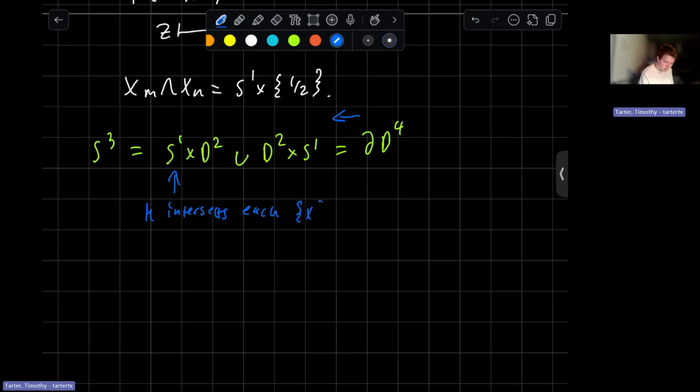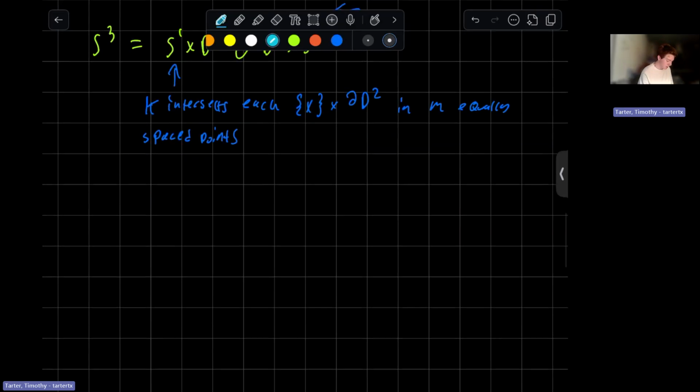Each x in the boundary of D squared in M equally spaced points.